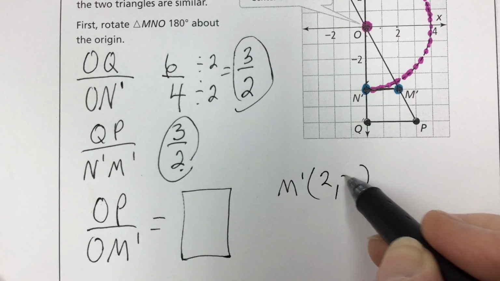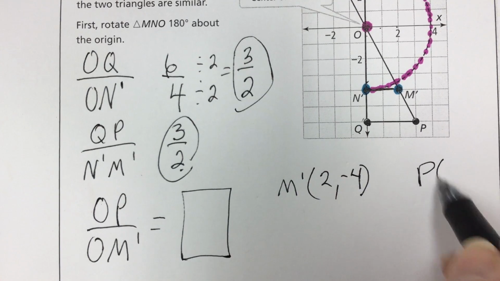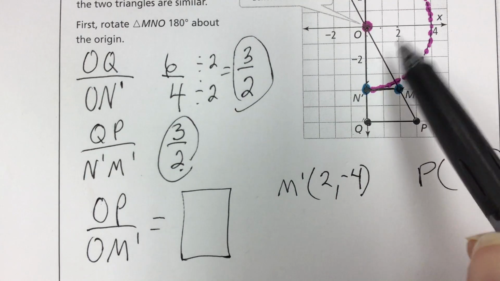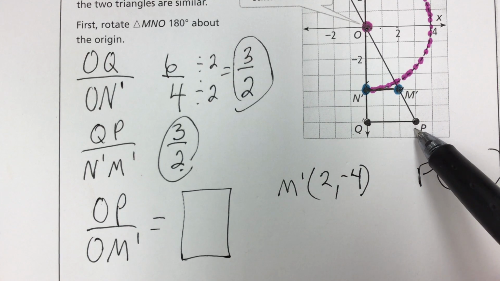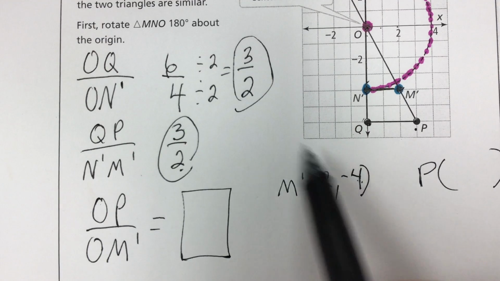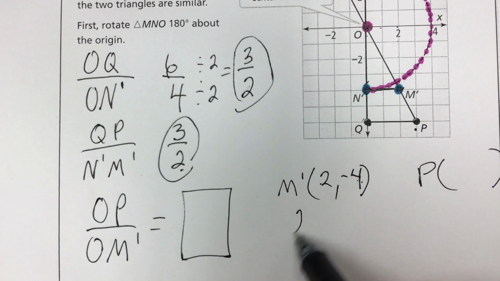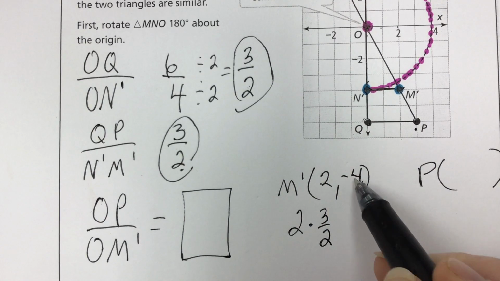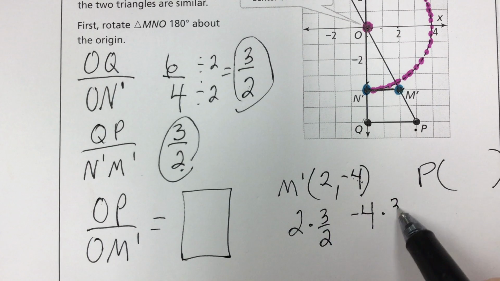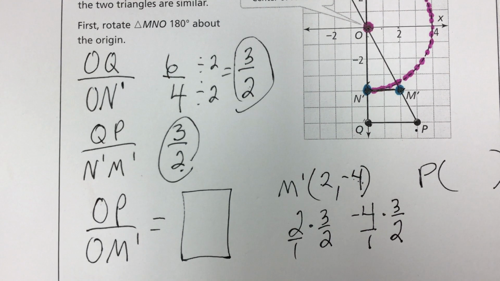So 2, negative 4. To determine if OM prime and OP have the same scale factor, we will multiply each one of these numbers times the scale factor of these two sides. So I'm going to multiply 2 times 3 over 2, and negative 4 times 3 over 2. And this will give us the ordered pair that should be for P in order for us to have a scale factor of 3/2.